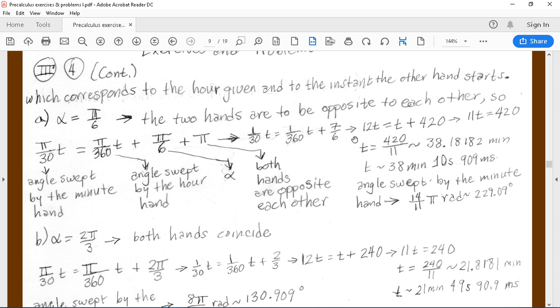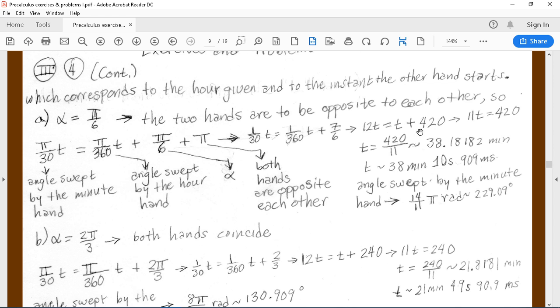We multiply everything by 360, and 360 over 30 is 12, so we have 12t equals 360 over 360 equals 1, so 12t equals t, plus 360 over 6 is 60 times 7 is 420.